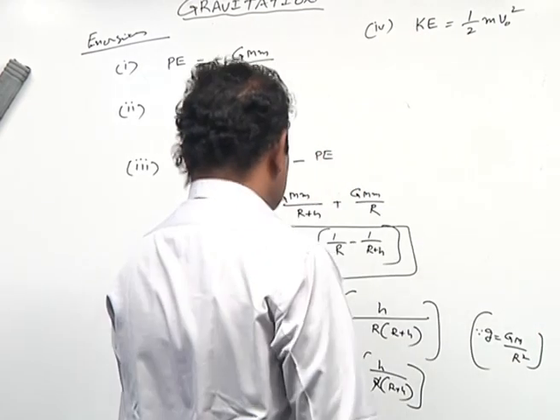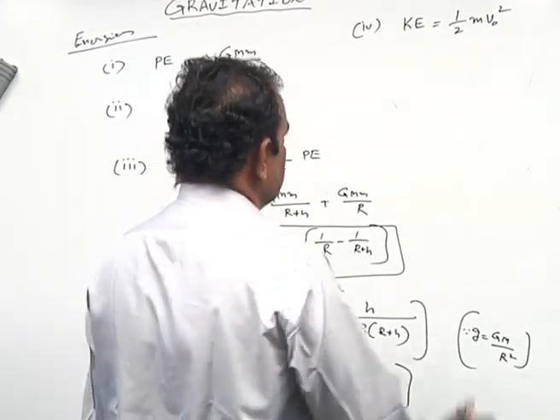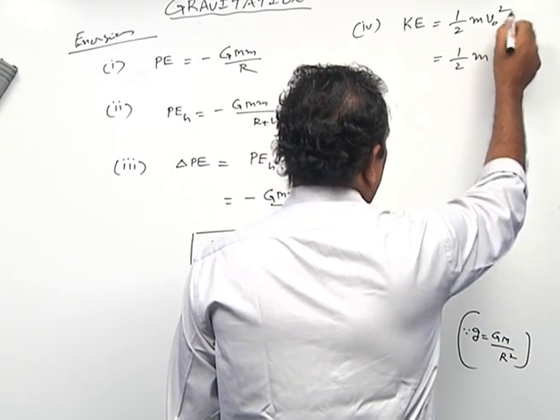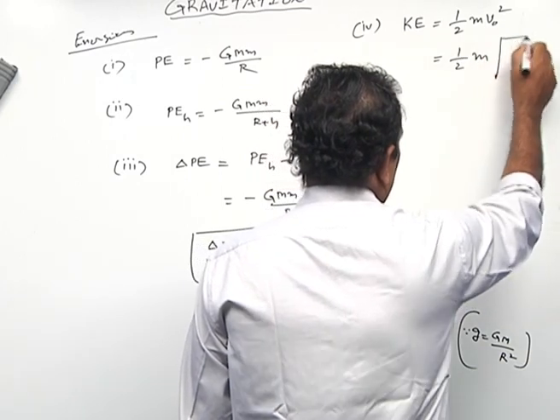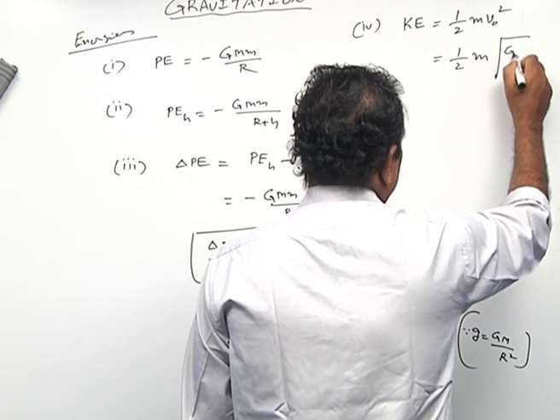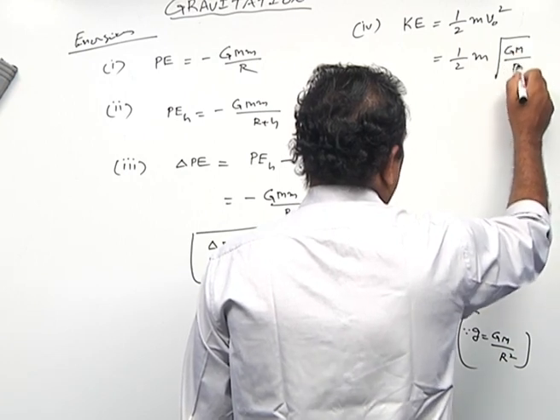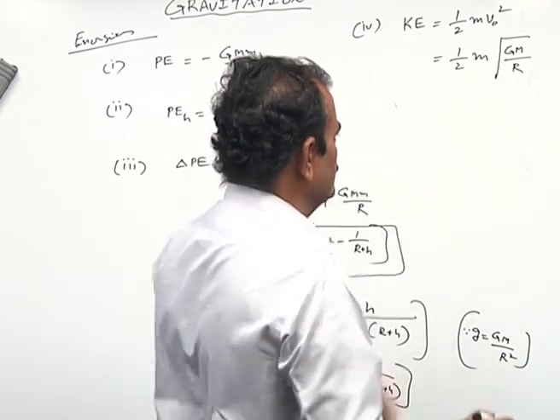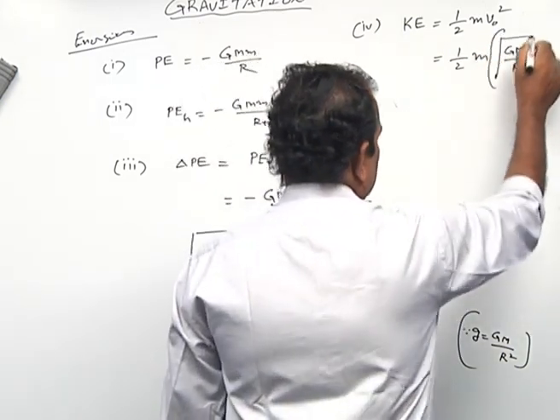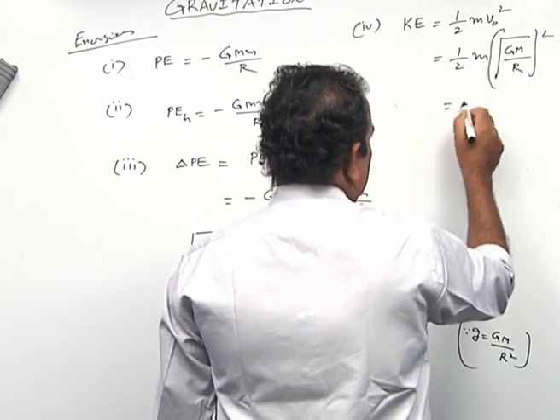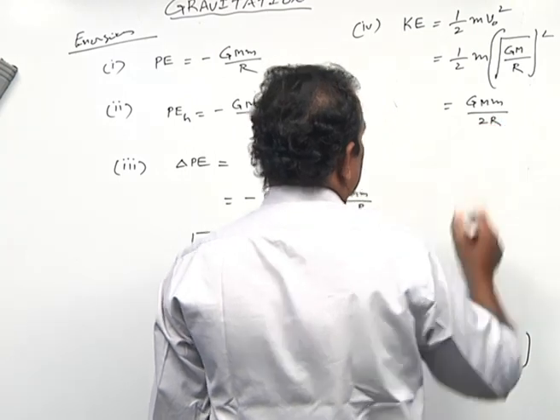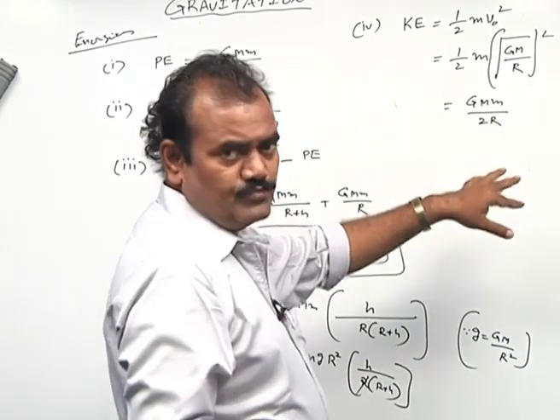So it is 1 by 2 m, and v naught square, because already we know v is equal to square root of GM by r, that can be replaced by gr. So, now the whole square is there, and that becomes capital G, capital M, small m by 2r. That is the kinetic energy.